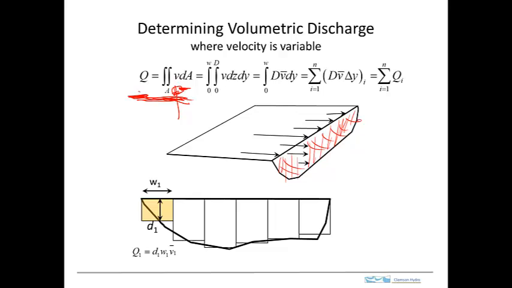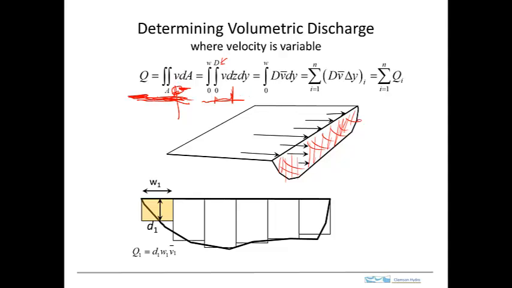The way that we do that is to break down this double integral, which is a little bit cumbersome. If we break it down, we can set it up in a way that makes it fairly straightforward to solve. So this double integral can be written like this, where instead of integrating arbitrarily over this area, we integrate from 0 to d the velocity with respect to dz. z is the vertical coordinate, and we're integrating from 0 to d, which is the depth.